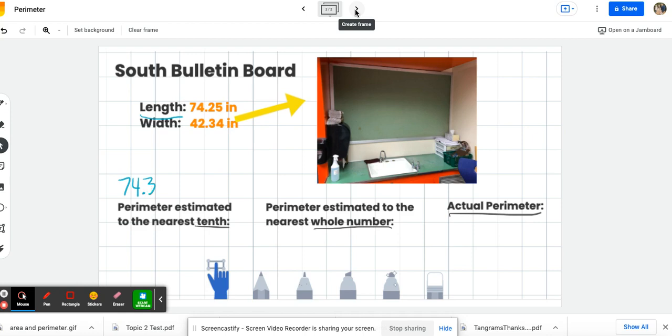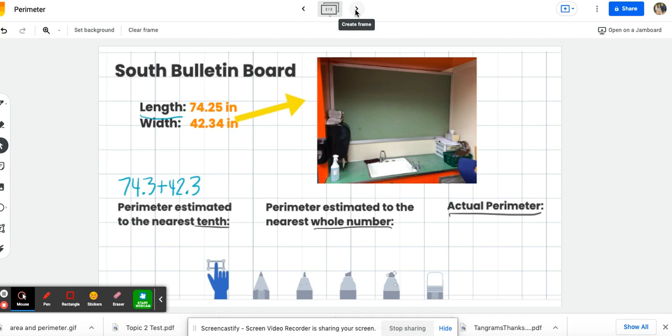And then the width is 42 and 3/10 as well. Now, in a quadrilateral, I have 4 sides, not just 2.